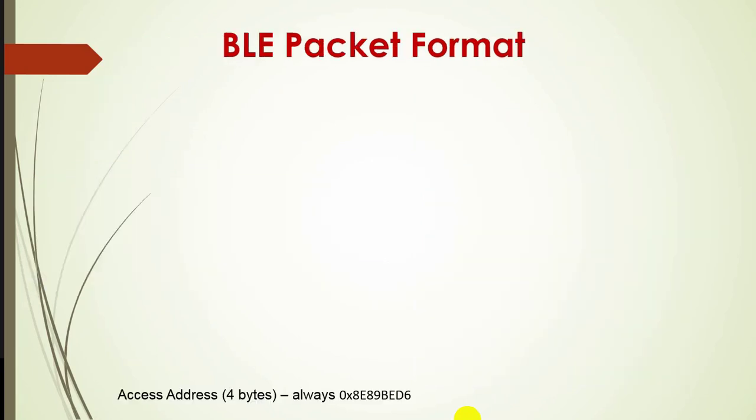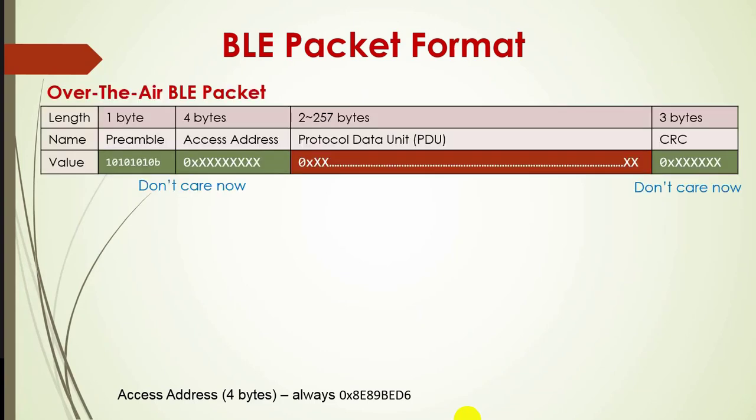So let's first see the BLE packet format. Over the air, BLE packets look as on your screen. You have 1 byte of preamble, which is fixed with the value 10101010. Then you have 4 bytes of access address, and this address is fixed to 0x8E89BED6 in the beginning, and after the connection this access address can be modified by the protocol.